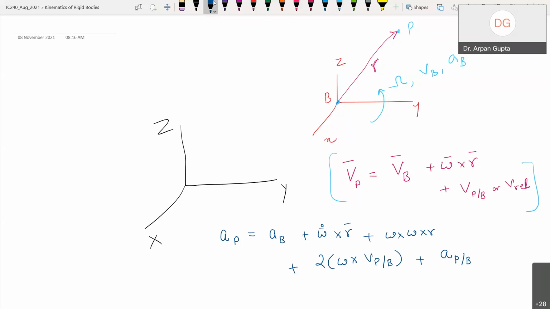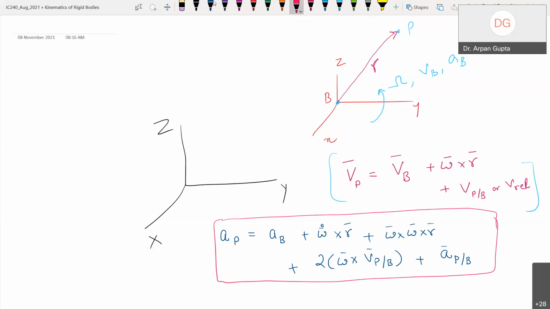And this is your final expression, for a very generalized case. We will see in this class some applications and examples to better understand these abstract things.